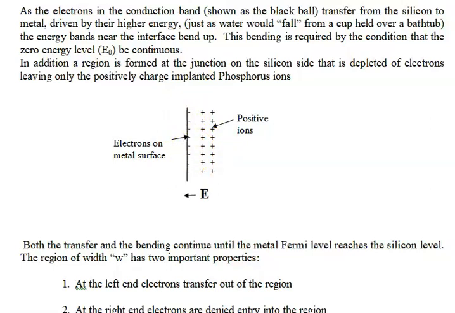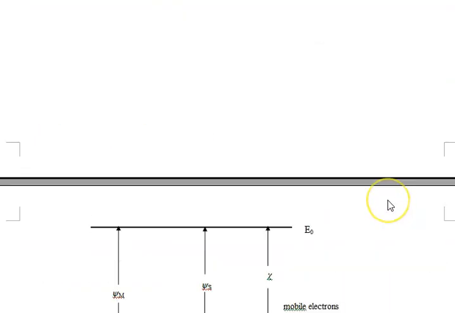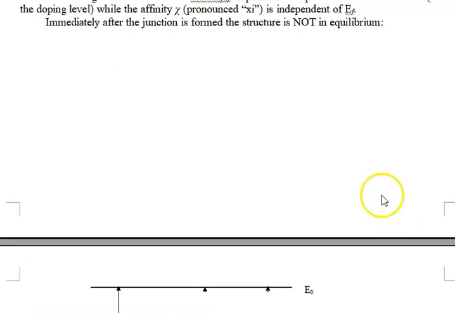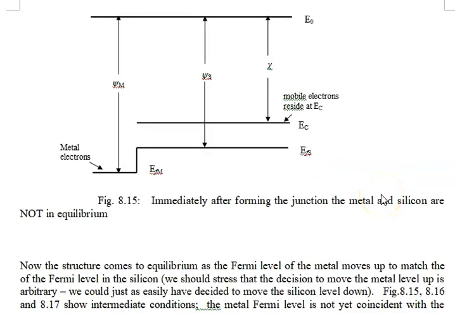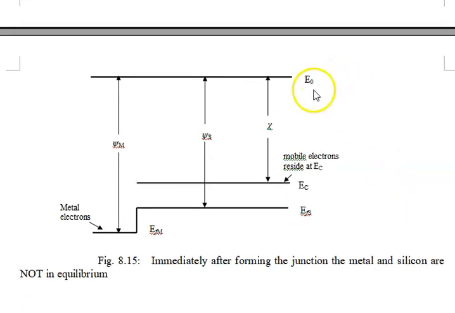Okay, so let's take a deep breath, take a step back, and summarize where we've been. So if you go back to figure 8.15, just someplace here, oh, here it is, we see that there is this new level that we introduce called E0. And why do we need it? We need it because metals have no conduction band edge, no valence band edge, and no intrinsic level.